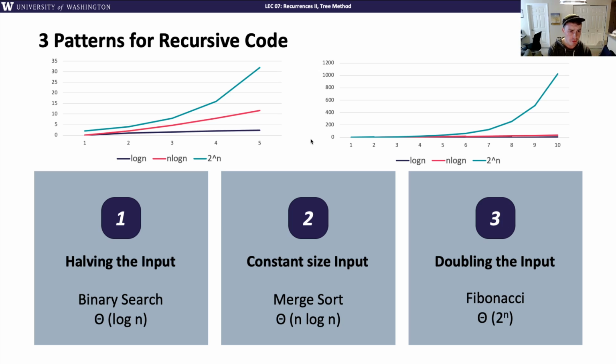Now, don't get me wrong, log n and n log n are definitely different runtimes. Log n is much preferable in some sense. It's a factor of n better. But 2 to the n grows so quickly, it makes everything else look very efficient in comparison. Look at that. In this graph, we're only going up to n equal to 10, and we're already at like 1,000 steps there for 2 to the n.